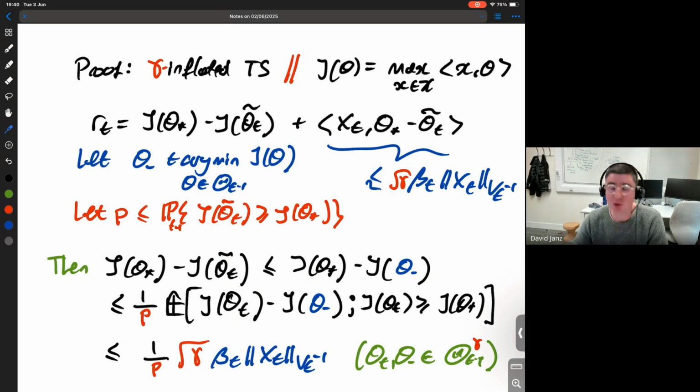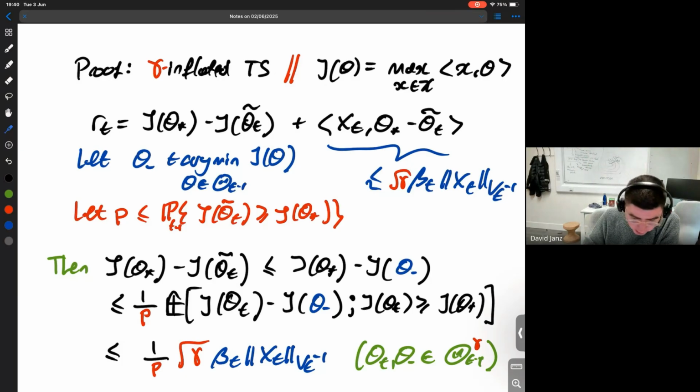Now, essentially what we're doing here is throwing away in the analysis all steps but steps which end up being optimistic. We're paying a 1 over p factor, which is the average time between optimistic steps, multiplying this. And we're shoehorning everything into this optimism-based analysis.